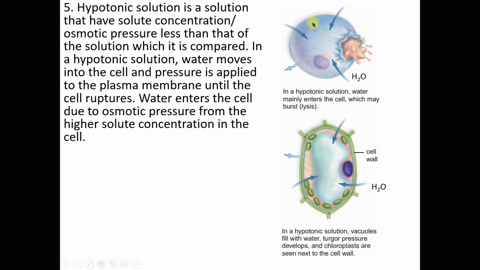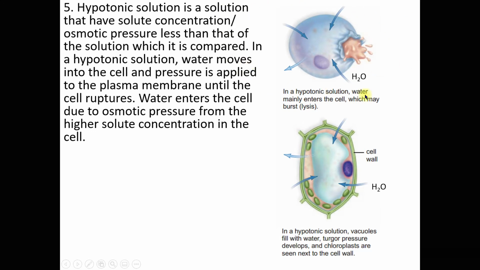So when this cell, for example this erythrocyte, is put in a hypotonic solution, this cell has solute, right? And the solute concentration inside this cell is higher compared with the hypotonic solution. So what happens?